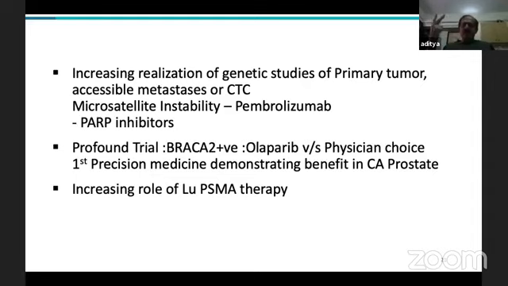Now, two therapies in this have actually come to mainstream. The first is pembrolizumab, which is now FDA approved in cancer prostate when there is microsatellite instability on your genomic assay. And the second is PARP inhibitors, olaparib and other such drugs. These have been used where a BRCA2 mutation has been seen. And these are now category 1 recommendations.